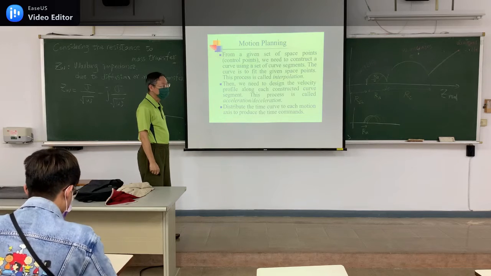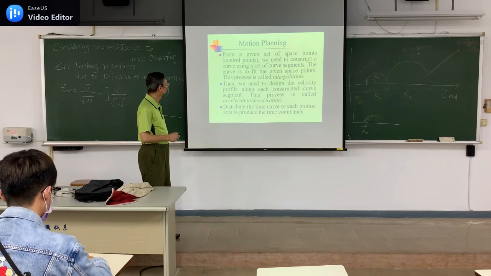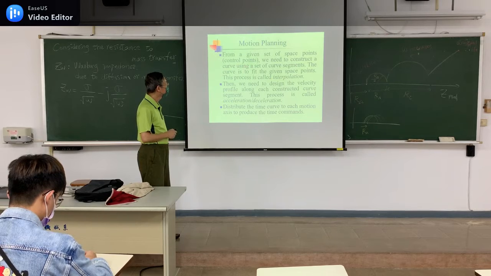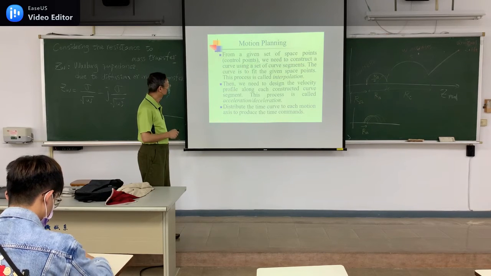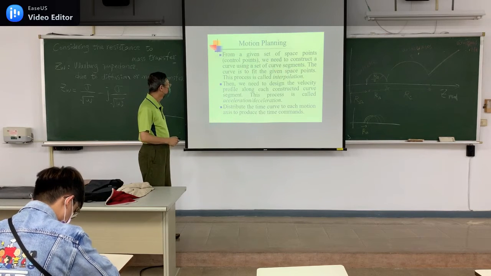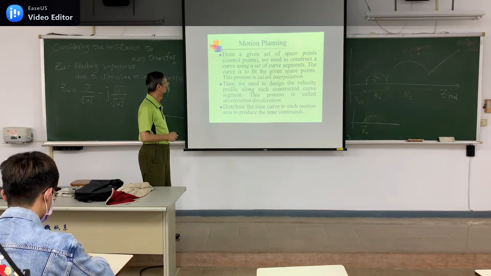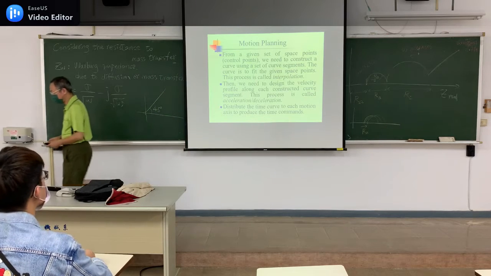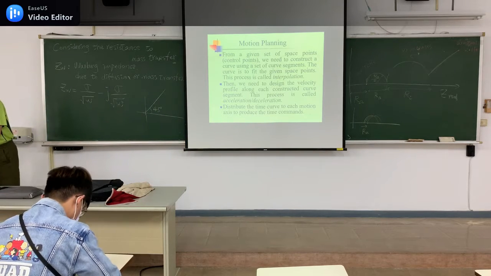And we need to construct a curve using a set of curved segments. And the curve is to fit the given space points. This process is what we call integration.